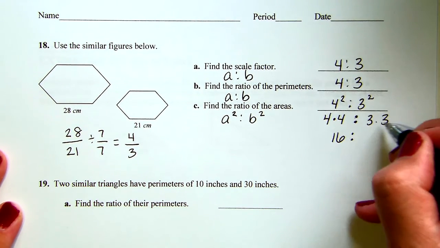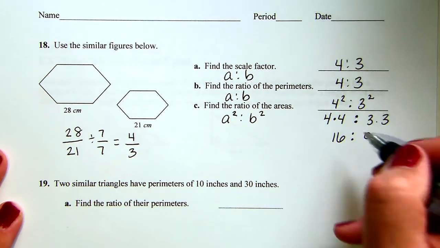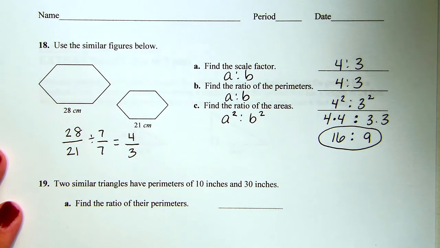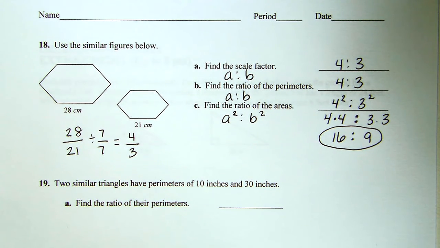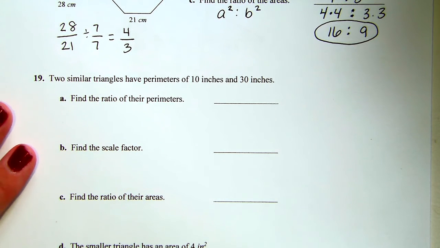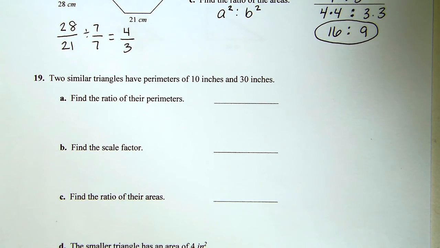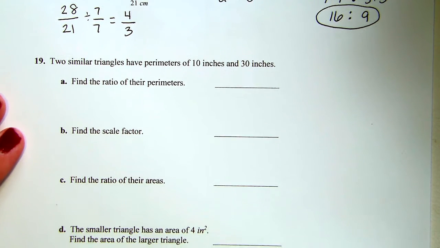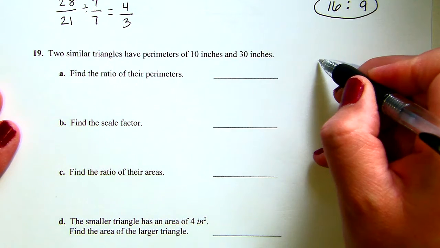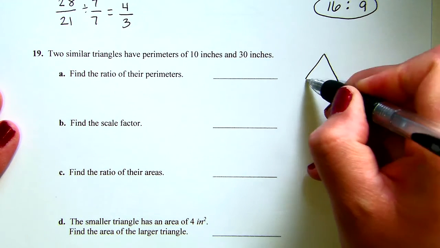All right, lastly, here we go. It says 2 similar triangles have perimeters of 10 inches and 30 inches. Now these are similar triangles, so I'm just going to draw 2 different triangles. One obviously bigger than the other, and I'm going to write 10 inches inside, and I'm going to write 30 inches inside.